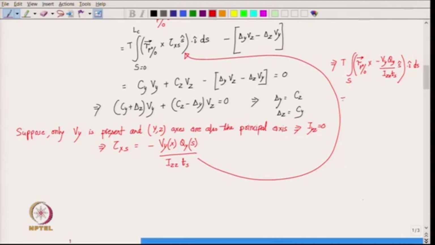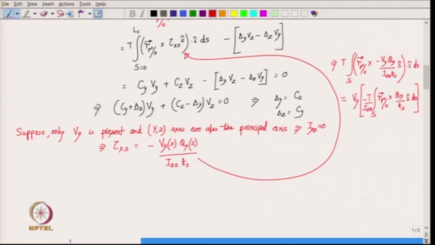So, this becomes V y into minus of thickness T and integration over the arc length S of r p naught with respect to centroid cross product q y divided by T s, right, and I z z also comes out of the integral, because it is a unique number for the cross section, s hat d s.